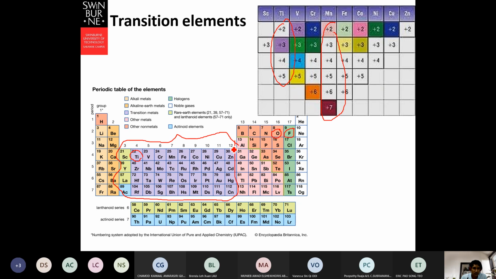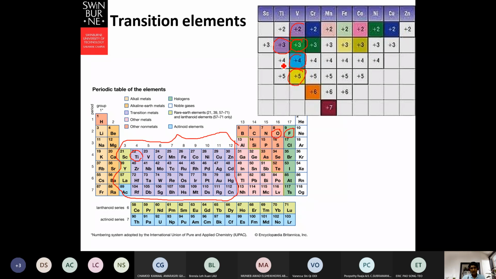That is why you can see from this figure that when it has +3, it becomes purple. For vanadium, +2 is purple, +3 is green, +4 is blue, and +5 is yellow.